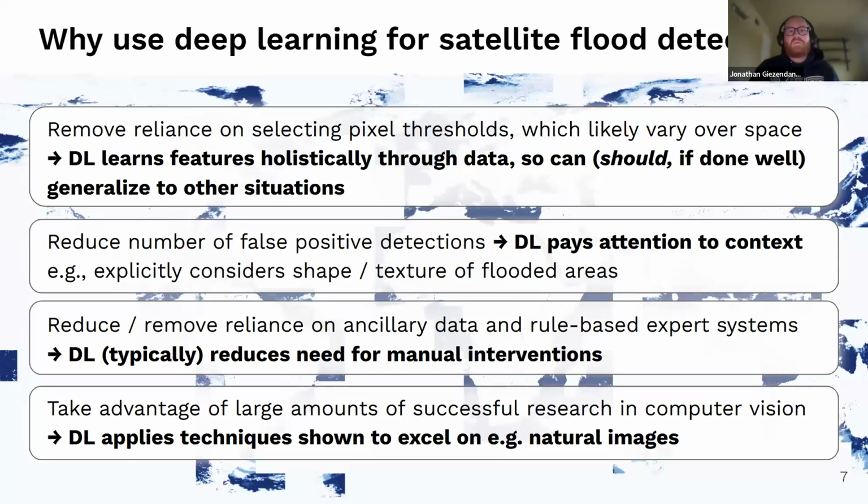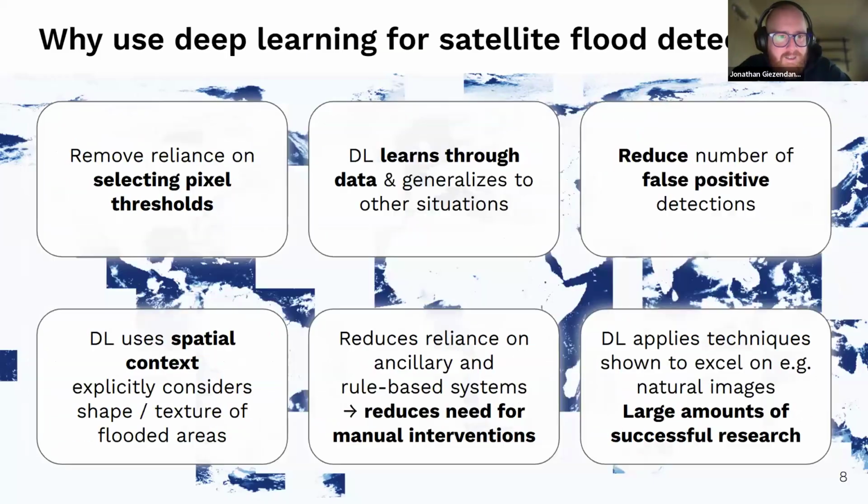Let's go into the method. So why use deep learning at all for flood detection? Why not just rely on a threshold-based algorithm or more conservative estimates like we've done before?